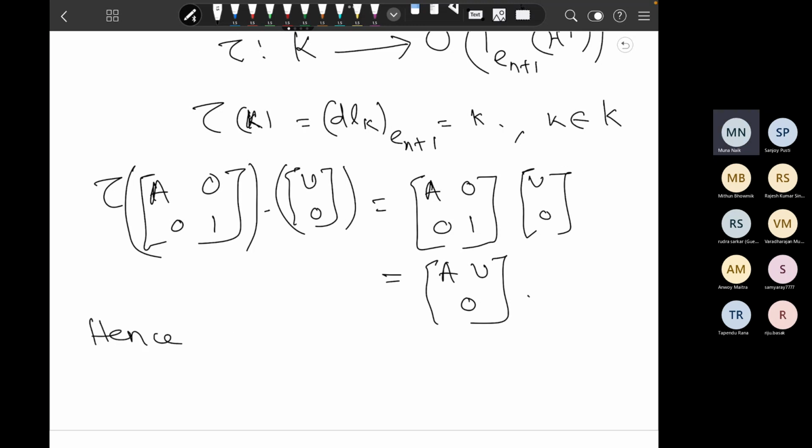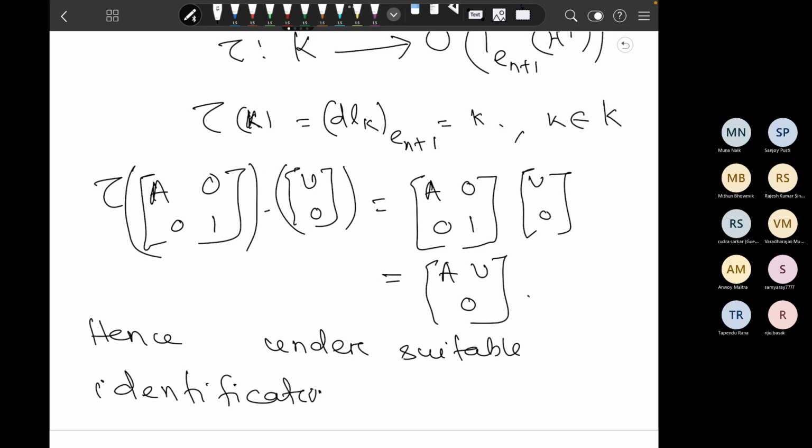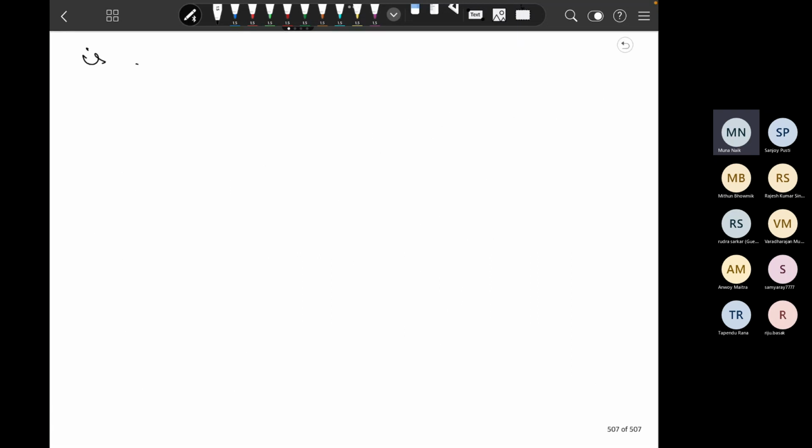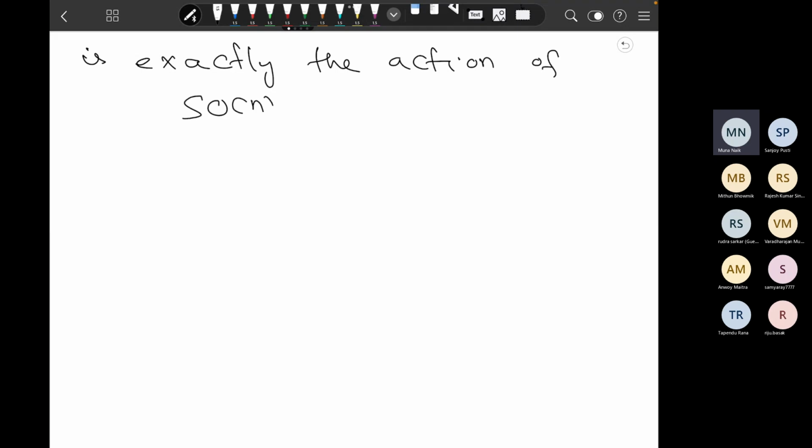Hence, under suitable identification, the isotropy representation is exactly the action of SO(n) on R^n.